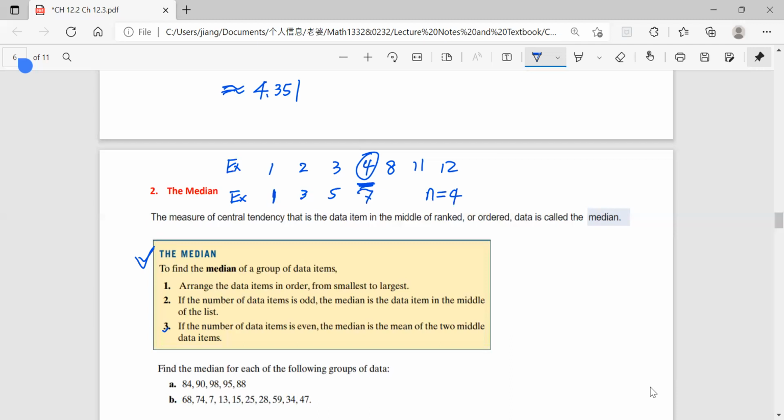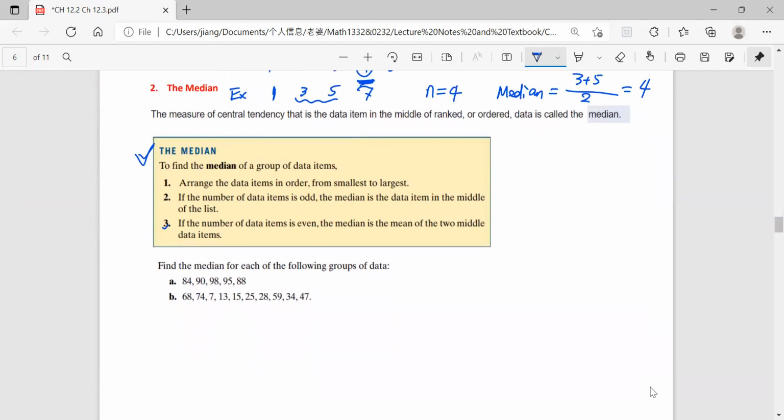The median equals the mean of the two middle data items. So these two are the middle data items, and the median equals 3 plus 5 over 2. So find the mean between 3 and 5. 3 plus 5 is 8, 8 over 2 is 4. So in this question, 4 is the median.